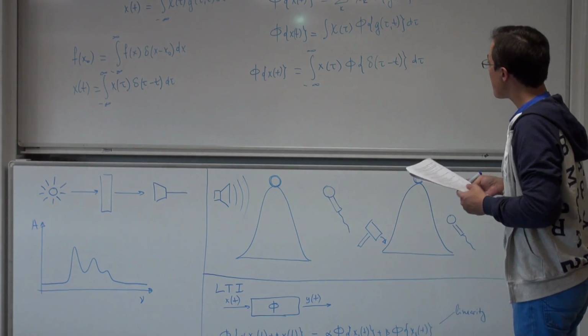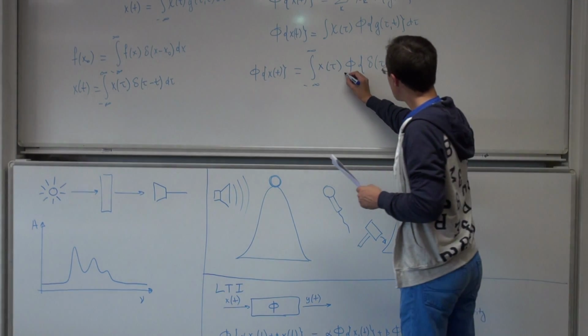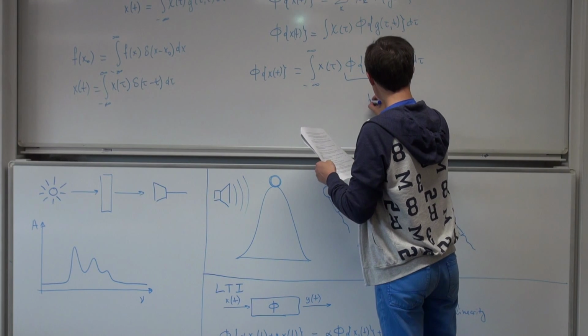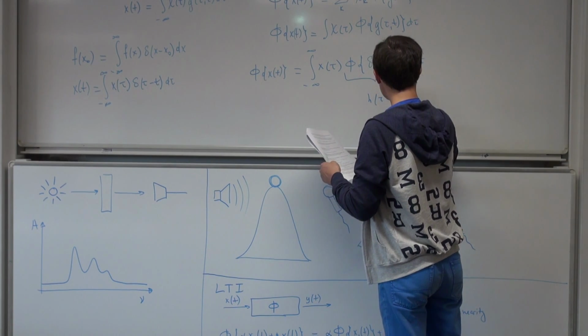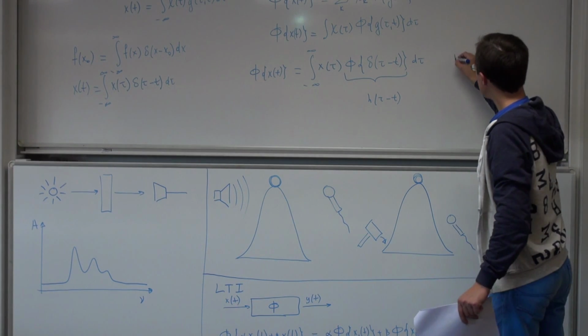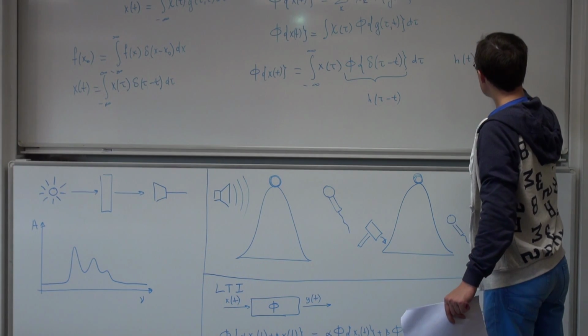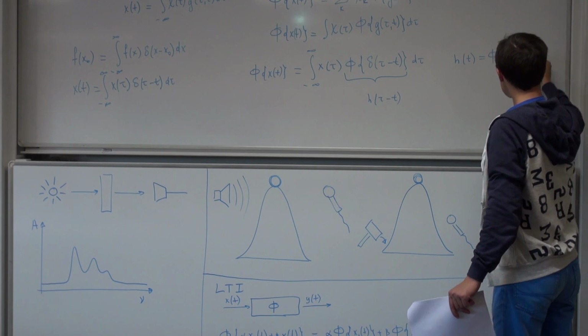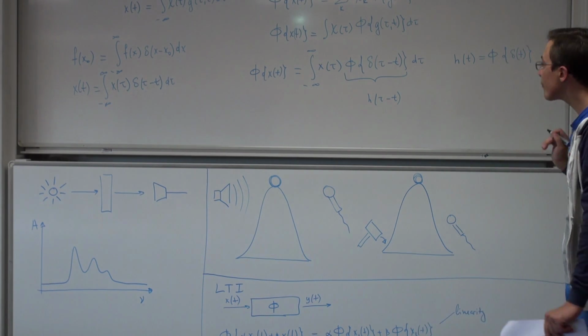Now, it so happens that this has a special name. It's called h of t minus tau, and that is a pulse response. And so h of t is phi of delta of t. That's a response to the hammer.